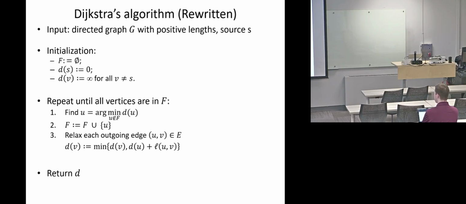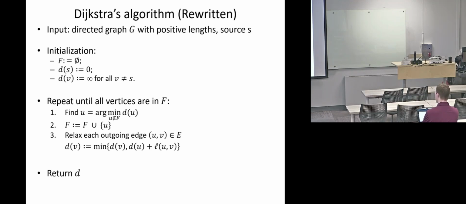Repeat until every node is finalized, and we just do this. Look at a node that is not finalized yet, and take the one that has minimum estimate right now. Put this node into your finalized set.